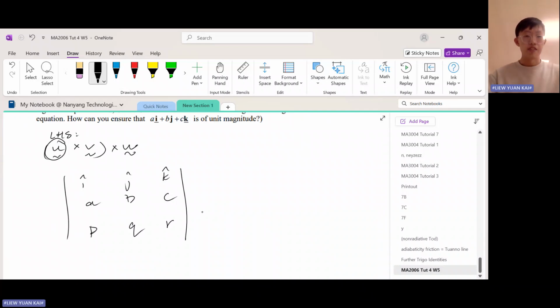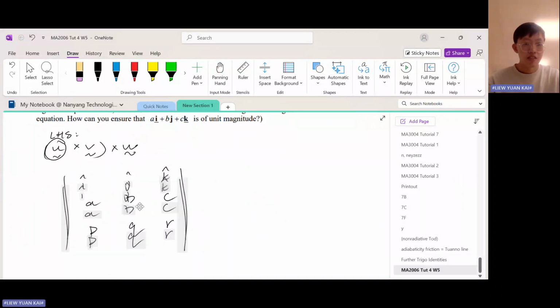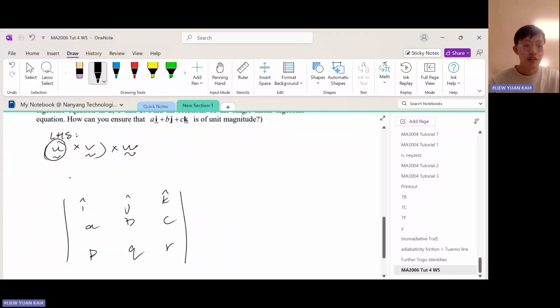So how do we evaluate the determinant of this matrix? Let me put this down first. We are finding vector u cross vector v. To evaluate this, you use the Sarrus rule. Sarrus was a French mathematician.